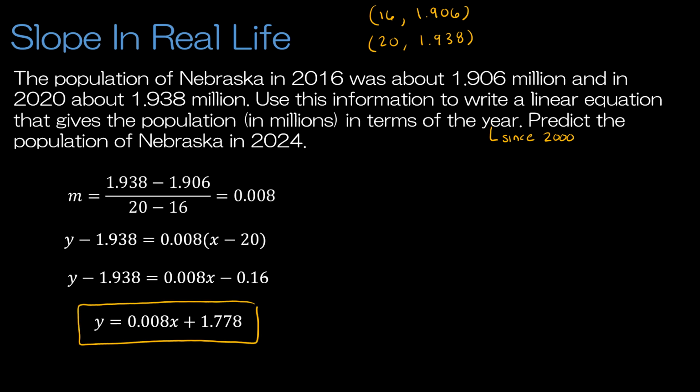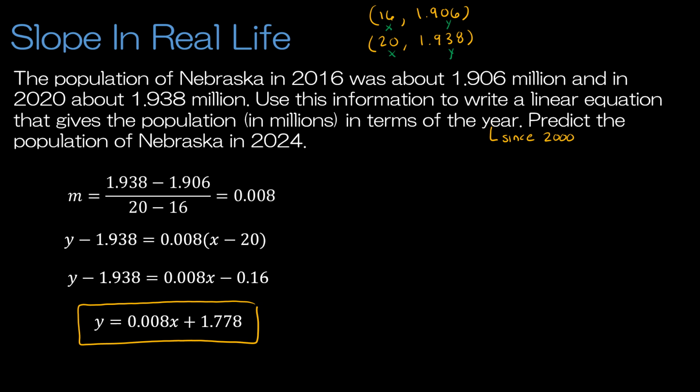That's the first thing I'm asked to do, is to write a linear equation that gives the population in millions in terms of the year, and we're going to say since the year 2000. Then it says, now I want you to predict the population of Nebraska in 2024. So does x or y represent the year? Well, obviously here we've used x to represent the year and y to represent the population.